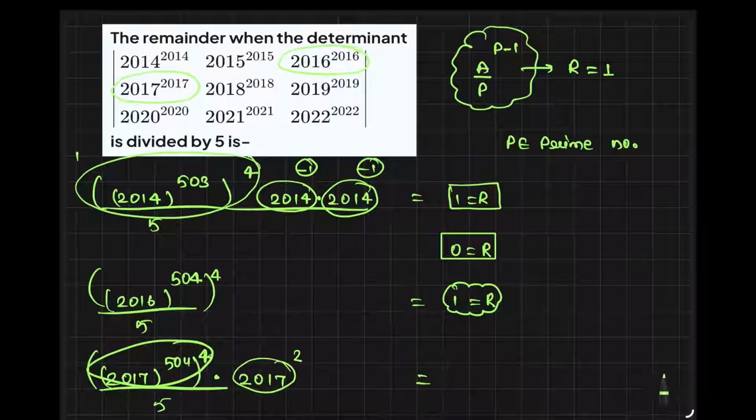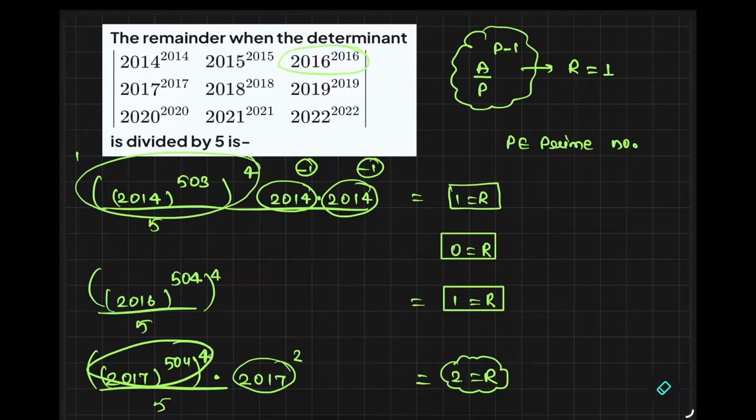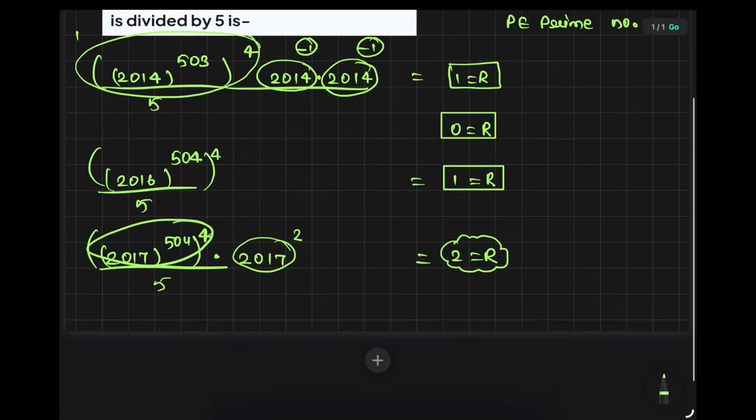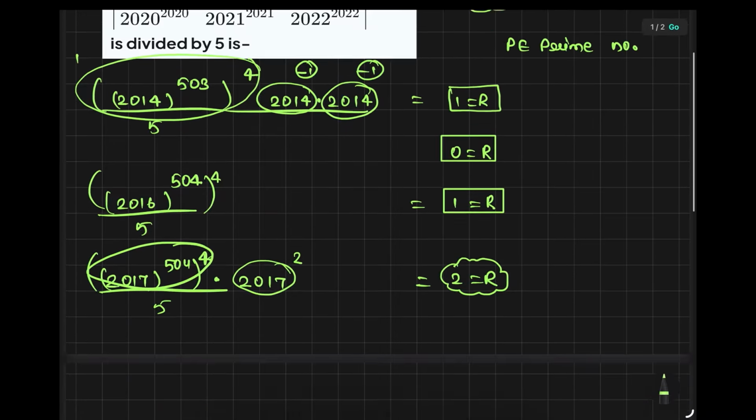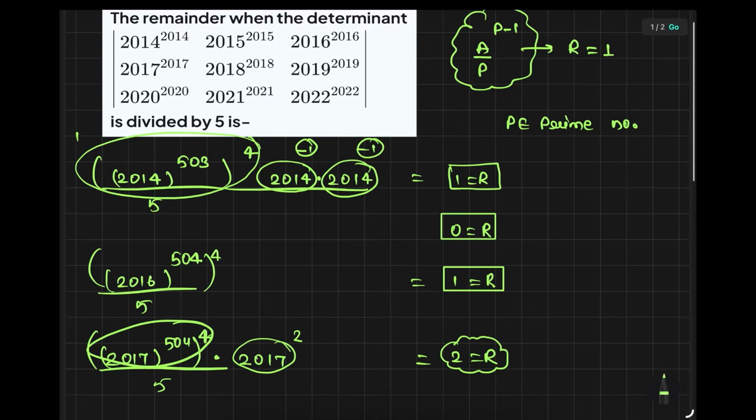So from here you will get remainder as 2. Please keep on doing this thing. Now we need to move on to 2018.